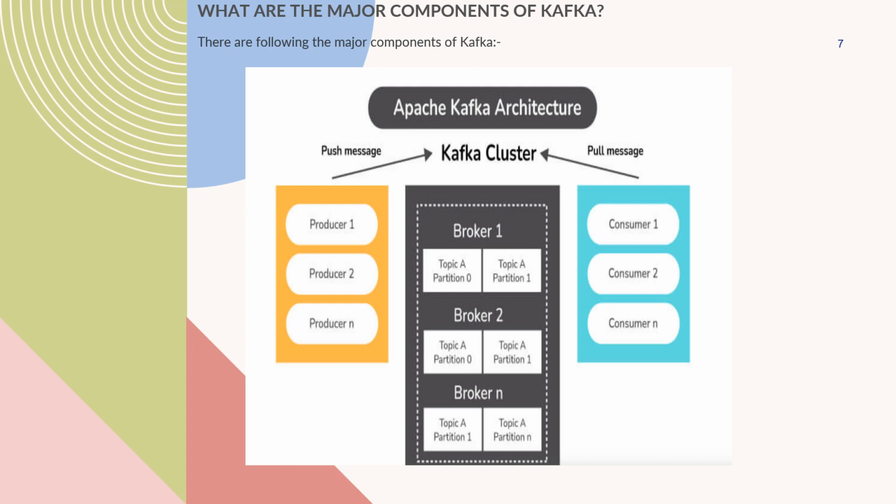Suppose a consumer wants to consume a message from the broker, but from which message stream? There can be multiple different message streams on the same broker, coming from different Kafka producers. So here comes the concept of a topic, which uniquely identifies the message stream.